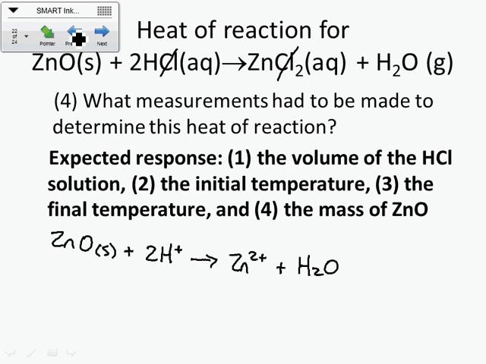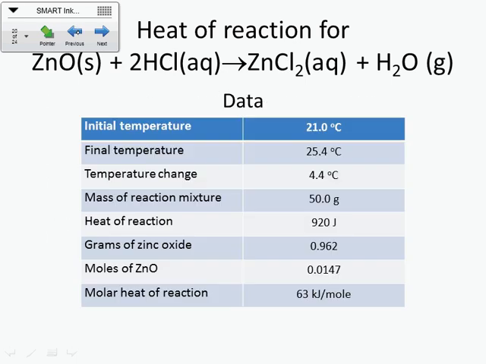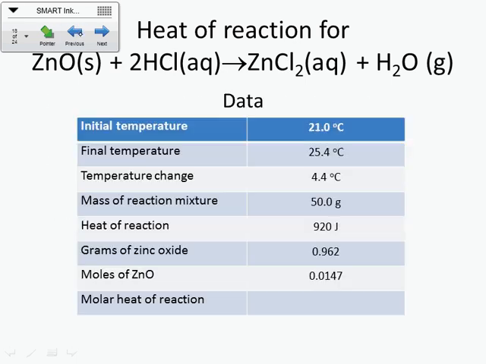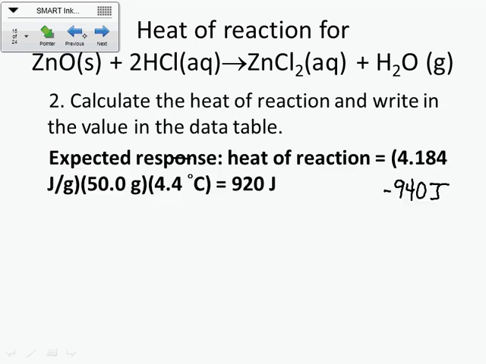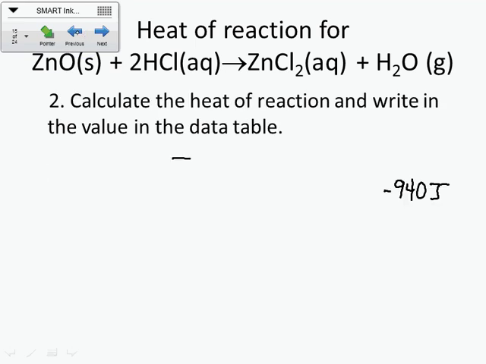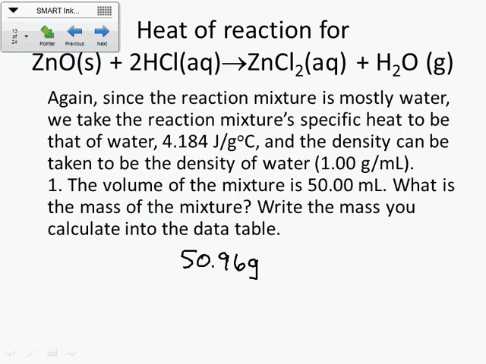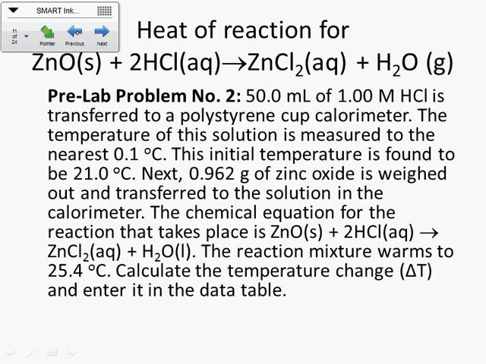Except they have it written as a gas instead of a liquid. I wonder if that was a mistake. Let's see if they wrote liquid earlier. No, they've got gas up there the whole time. Oh, okay.